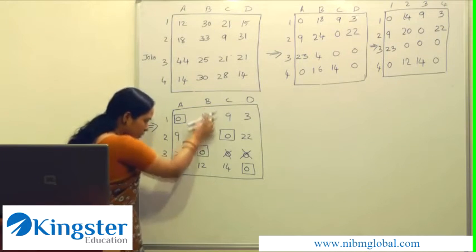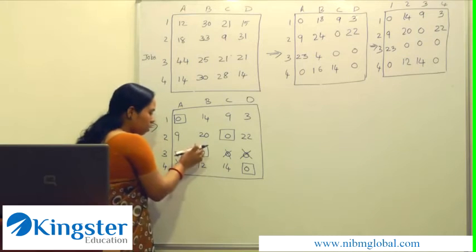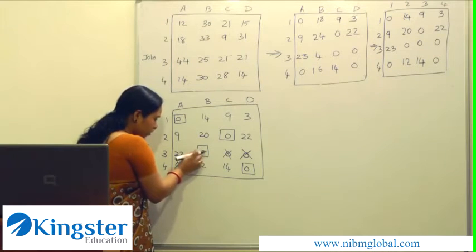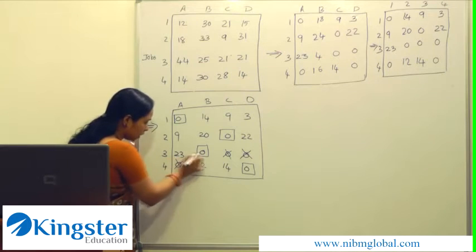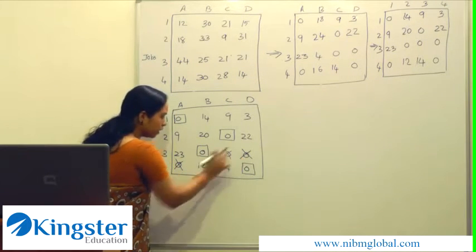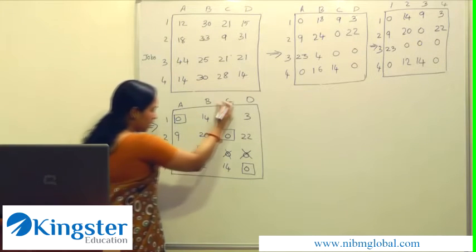While giving assignments column-wise, we should cross out all other zeros in the row in which we gave an assignment. So we check the row corresponding to this 0, that is 23, 0, 0, 0. Here we have 2 more zeros, but they are already crossed out, so we have nothing to do here.